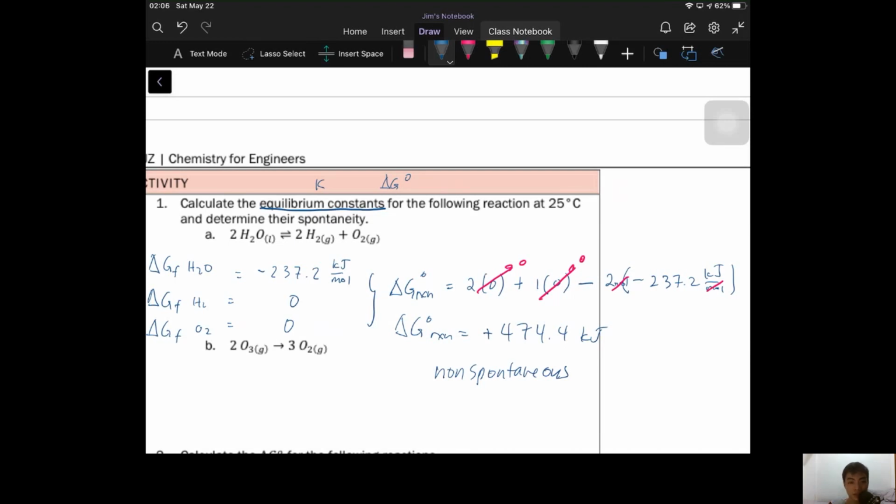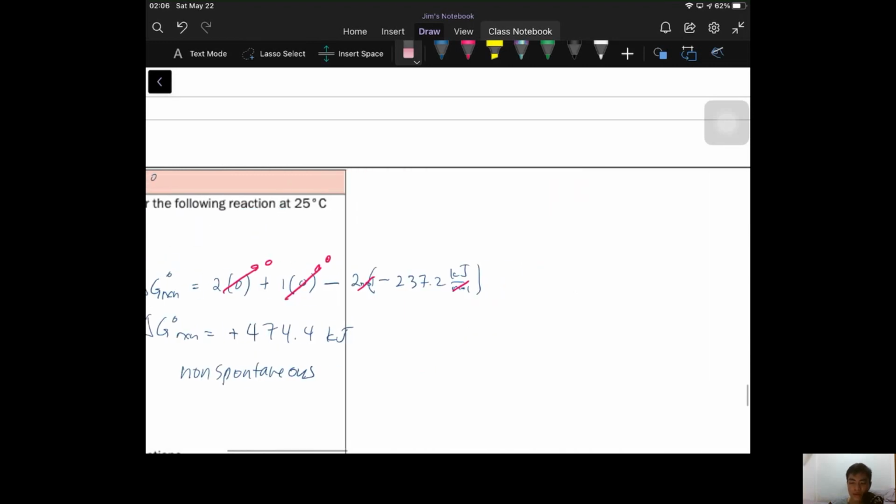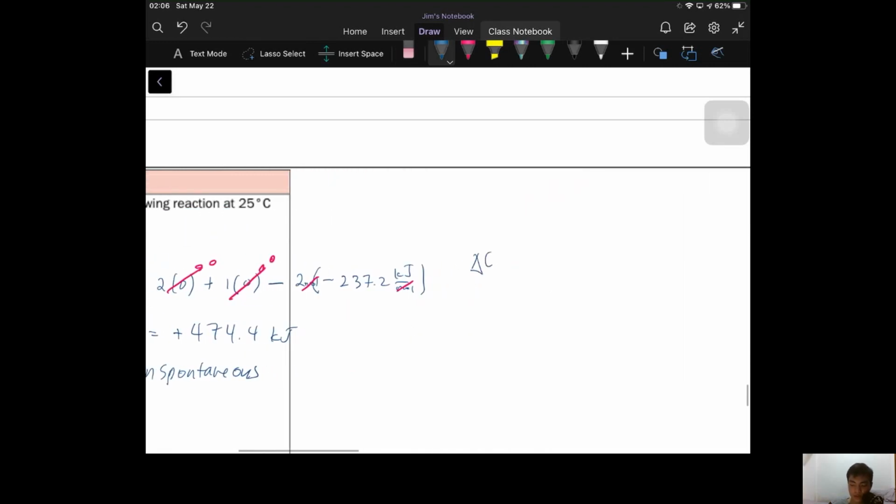Meaning this reaction is non-spontaneous. Okay? So since we have a delta G which is positive, that is non-spontaneous, and meron na tayong delta G naught, hanapin na natin yung K. Paano natin hahanapin yung K? Using the equation delta G naught equals negative RT ln K.